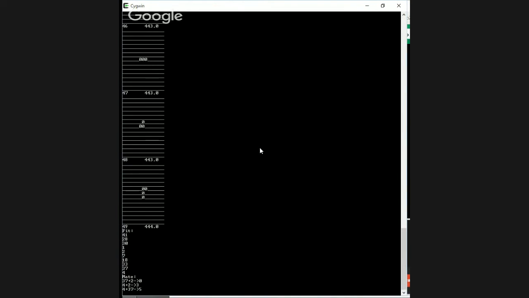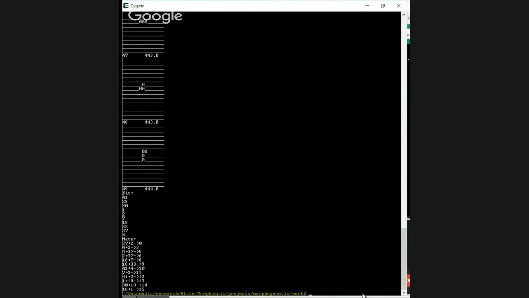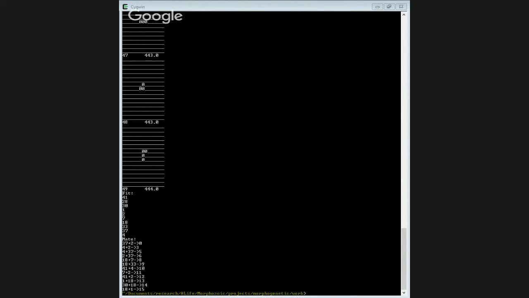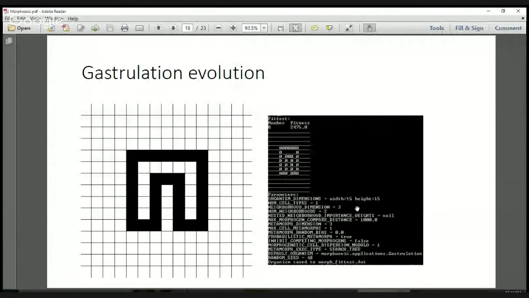So you can see it's sort of trying to do that. And it'll go on and on for a number of hours actually, and so we won't let it do that. But at the very end, if we go back to the slides, you can see on the right side, after hours of running, it is able to evolve that pattern, which is quite a challenge actually.